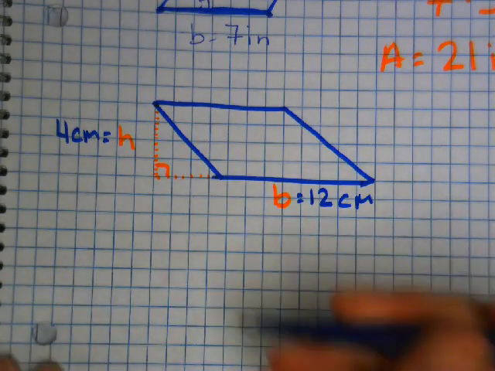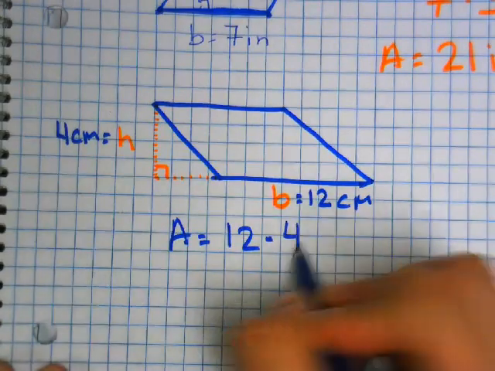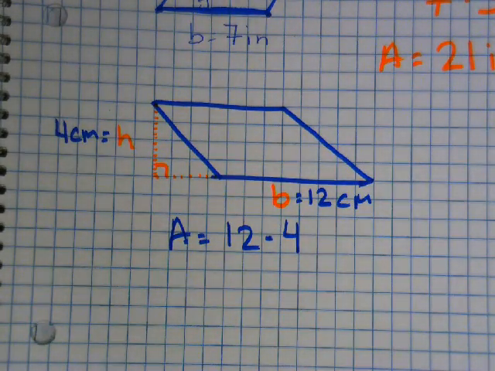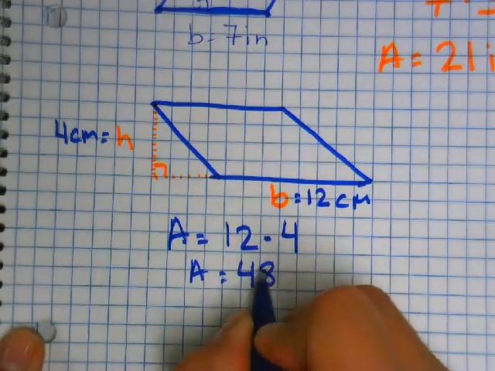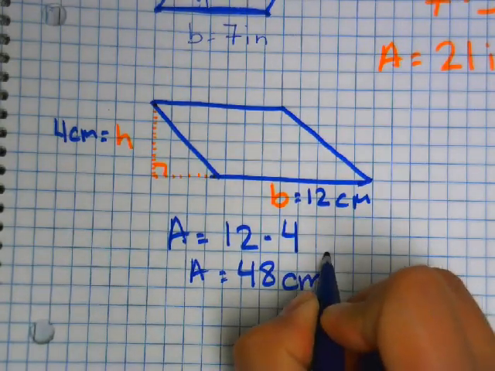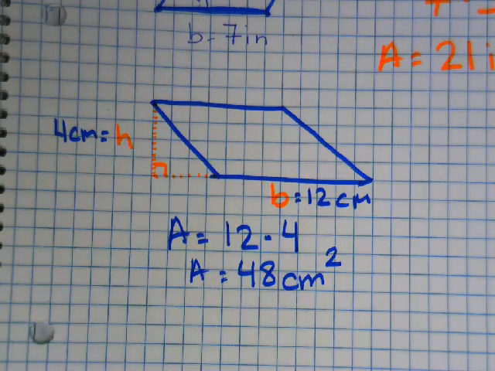Yeah. So area is equal to base times height. Use your multiplication table. And then what are my units? Centimeters squared. Easy enough?